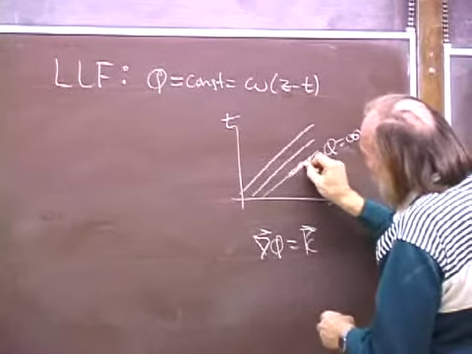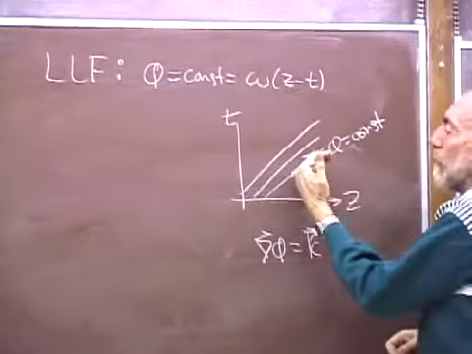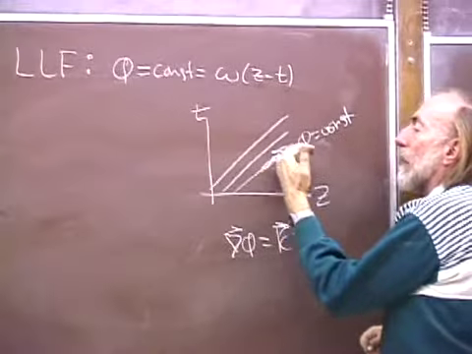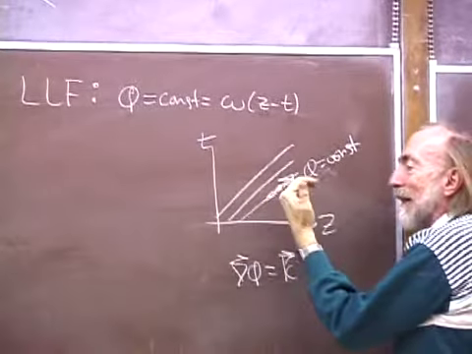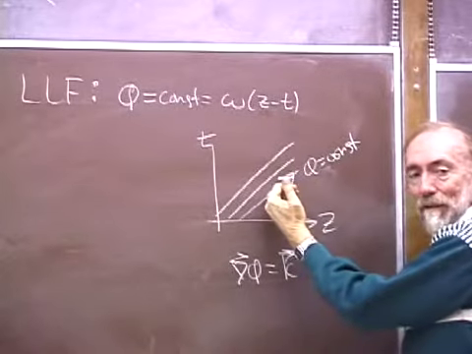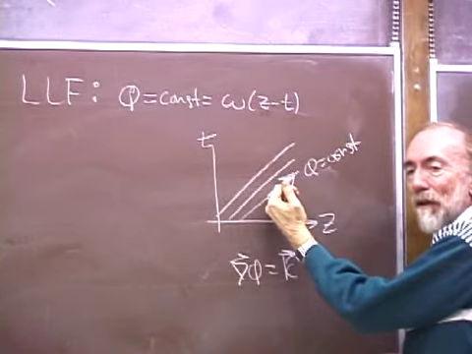If you've never seen this before, it's something you should go off and think about. If you have a field where the surfaces of constant phi are null, then the gradient lies in the surface of constant phi. If this is startling to you, I'll let you go think about it by yourself.